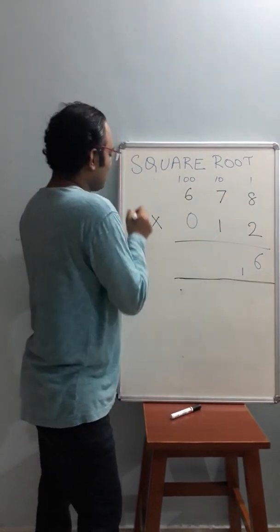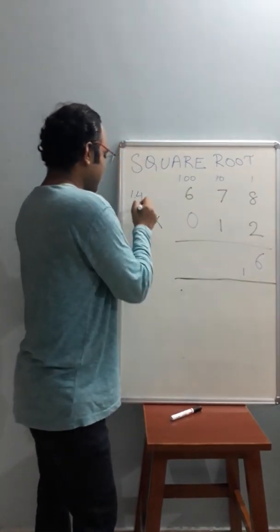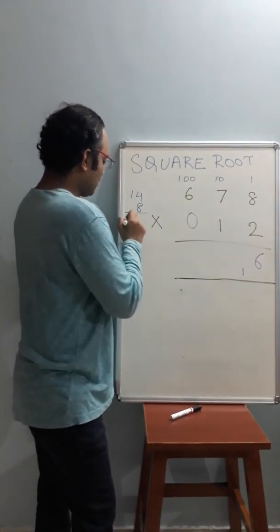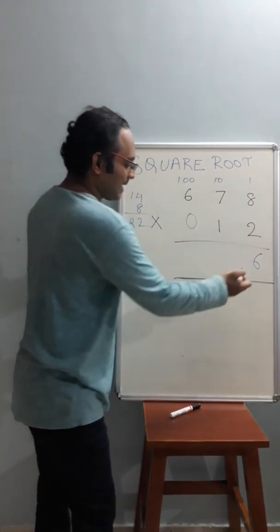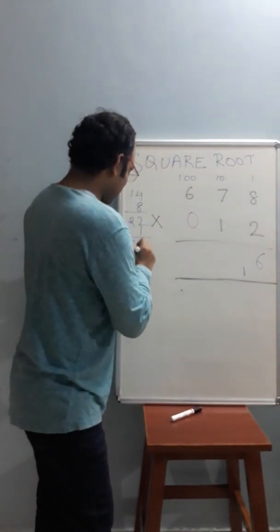7 tens into 2 is 14 tens. 1 tens into 8 is 8 tens, which would be 22 plus 1 already there as a carry as tens place. This would be 23 tens.